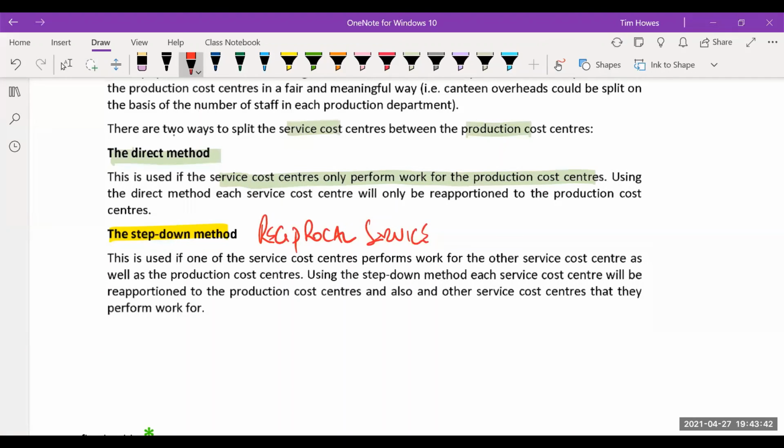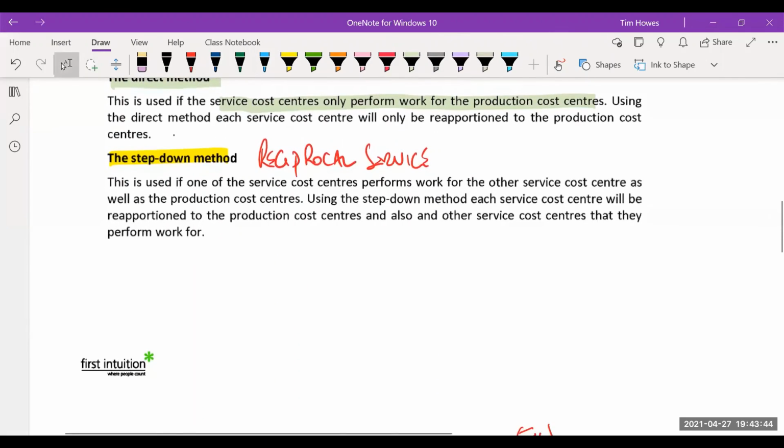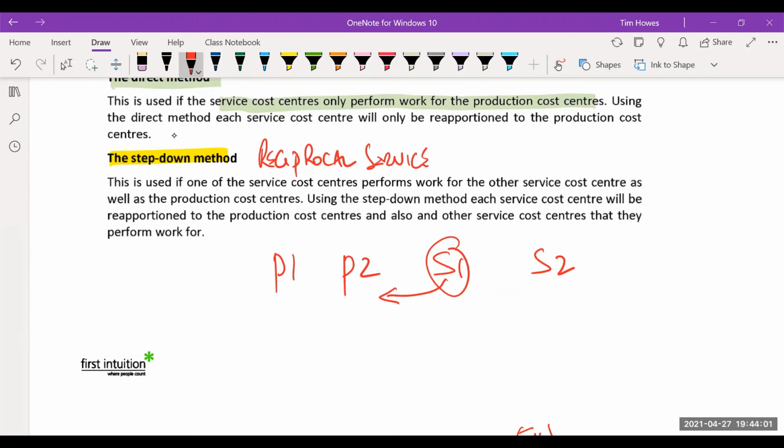Now, there will only ever be a situation, if they want to present it to you, if I've got service centre 1 and service centre 2, that one might do something for 2. Let's put in the production centres as well. So what we might be told is that service centre 1 does work for P2 and P1, and also some work for S2.